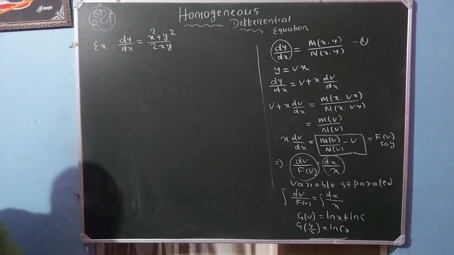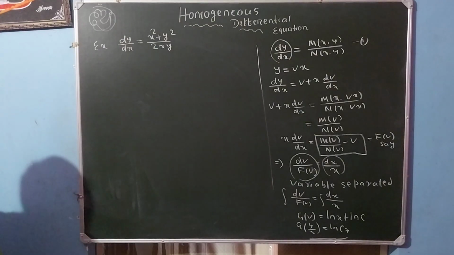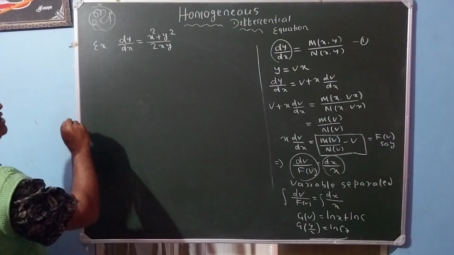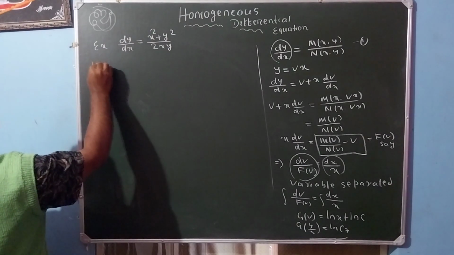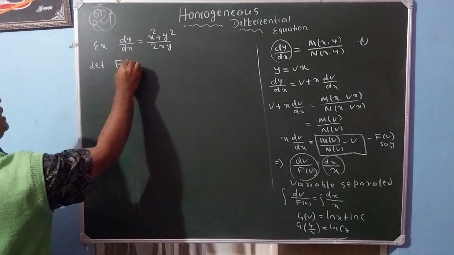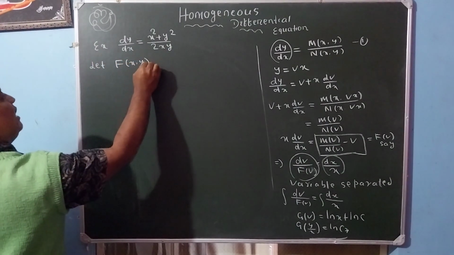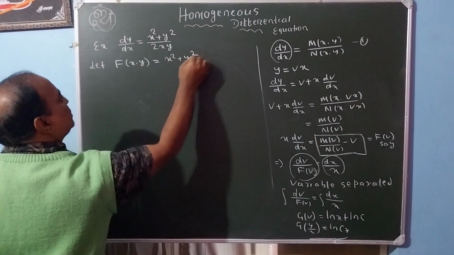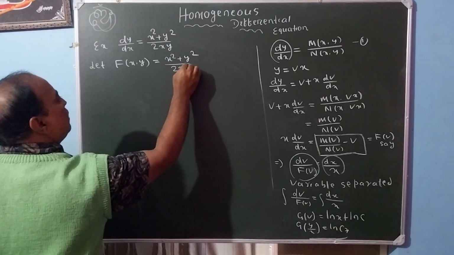This is a homogeneous differential equation. First of all, you have to check whether it is homogeneous or not. Let f(x,y) equal to (x square plus y square) by 2xy.